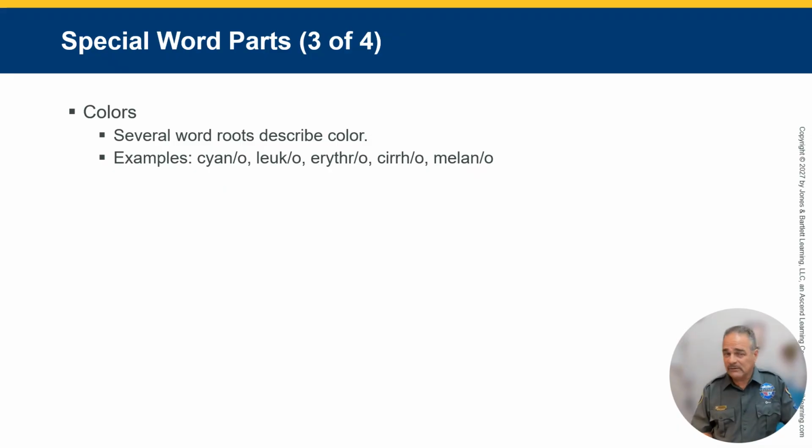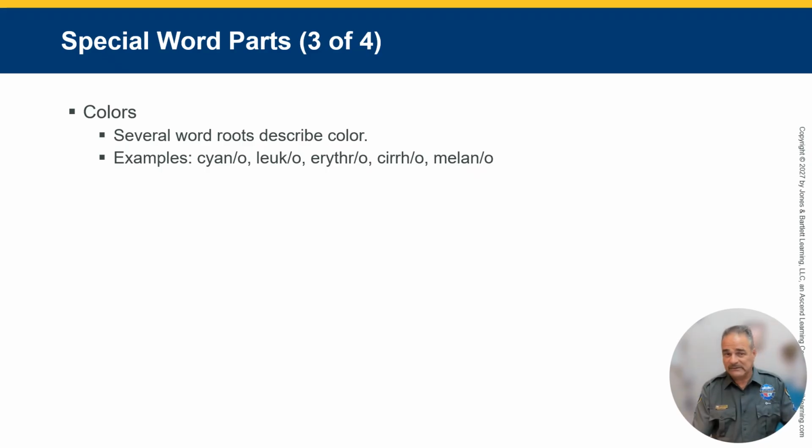Colors. Several words describe colors. Cyano, leuko, erythro, chloro, melano. These are all different types of descriptions for colors. So these are prefixes that we're going to use as a word part to describe something.